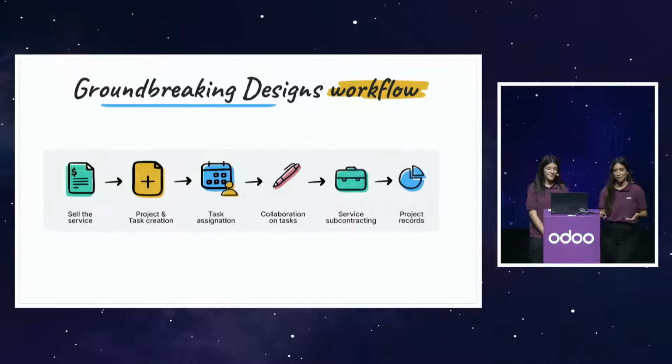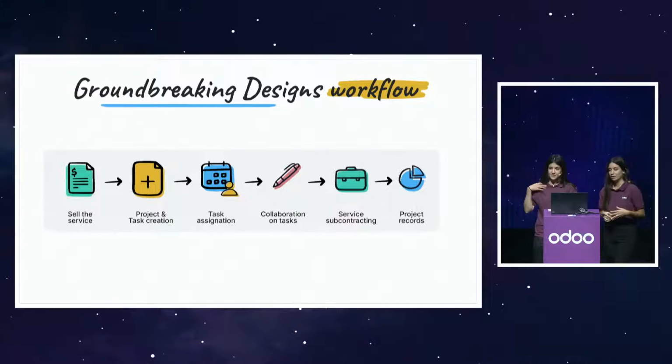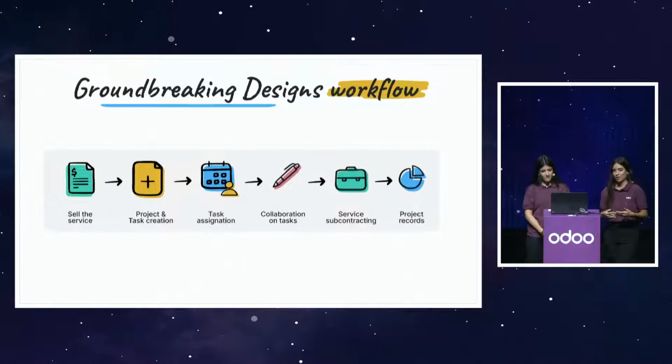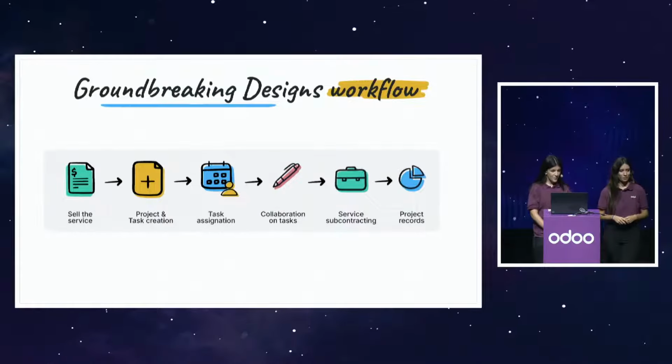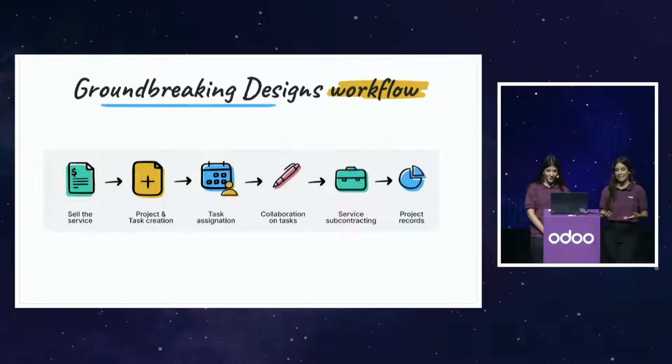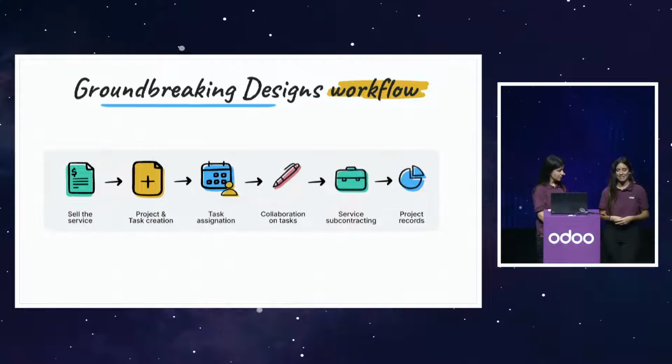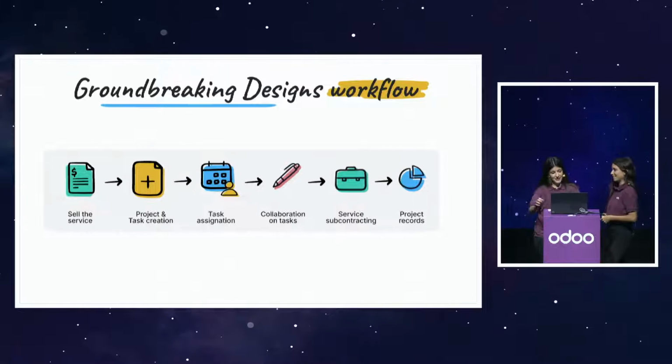Some of the services that we sell, like the plumbing, electrical, or painting, are subcontracting services. So we need to also manage the purchase orders for those subcontractors. At the end of the project, we need to have an overview of all project-related records in one place. Let's see it in the database.